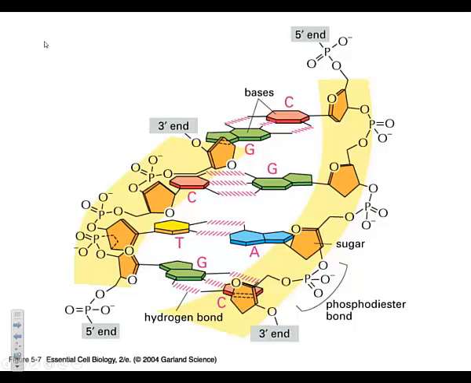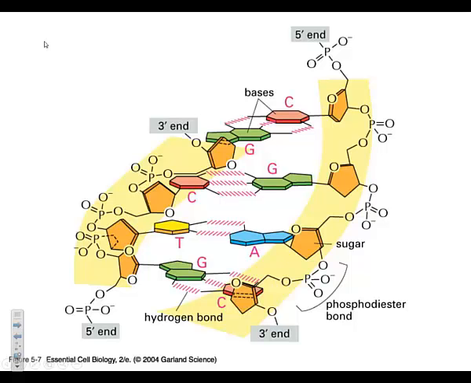So, each cell type has the complete genome. So, what's the difference between a liver cell and a skin cell? Genes that are expressed, exactly. Anything more? Okay.